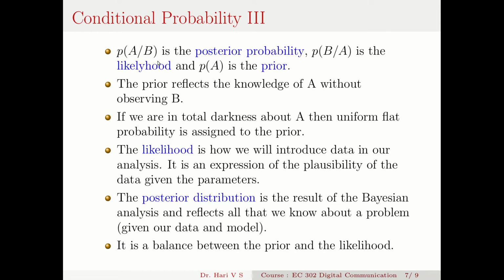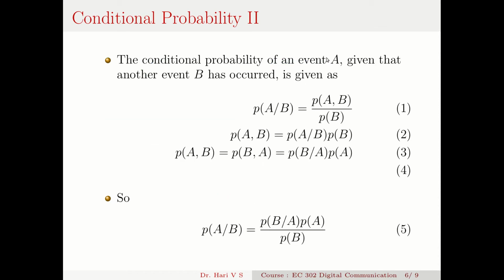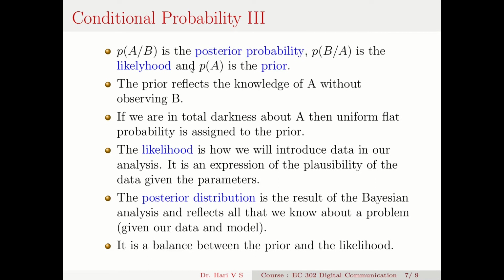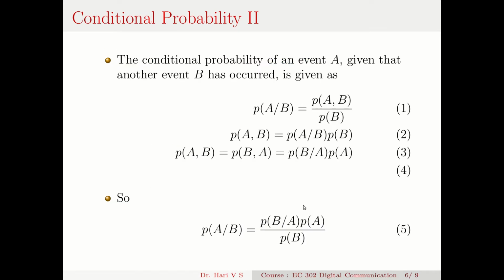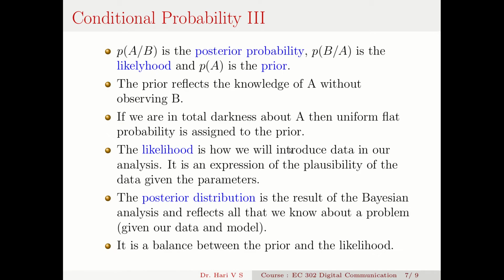P(A|B) is called the posterior probability, and P(B|A) is called the likelihood function. This P(A), that is called a prior. There is prior information, that is your uncertainty about A without any observation of B. Posterior means after something.